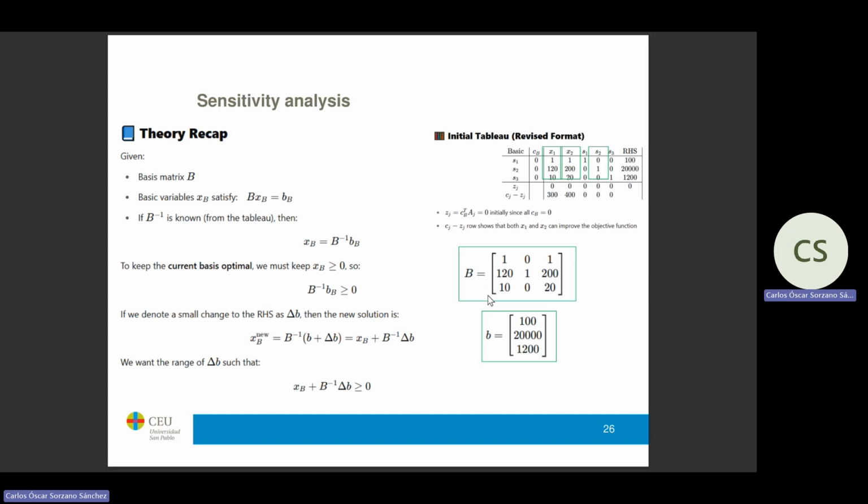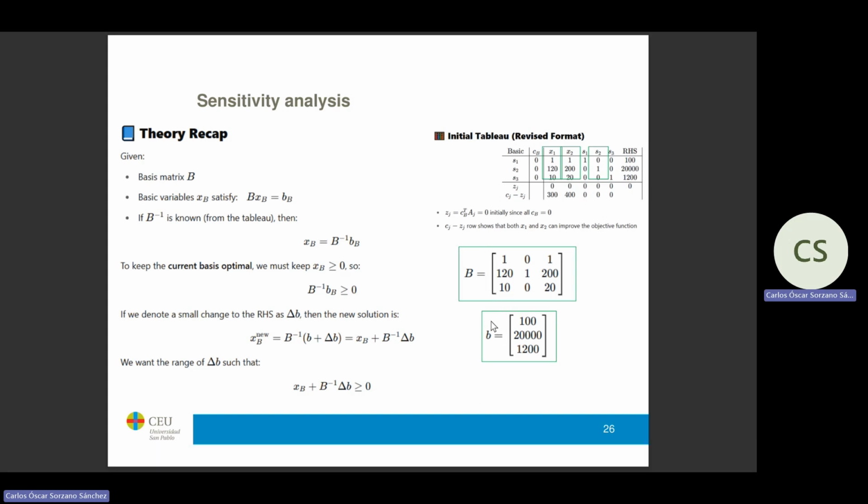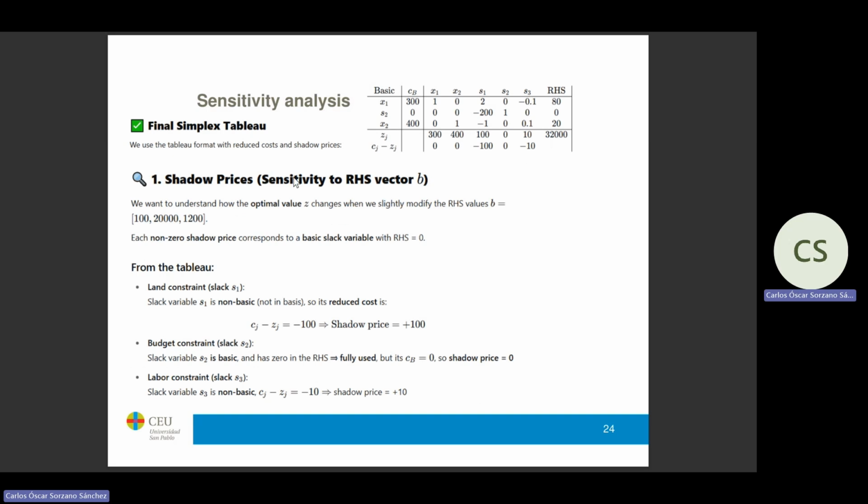Okay, then, yeah, just a reminder of this. We have these constraints. In the original matrix, it was this one. This is the initial tableau. So at the end, our basis was x1, x2, and x3.